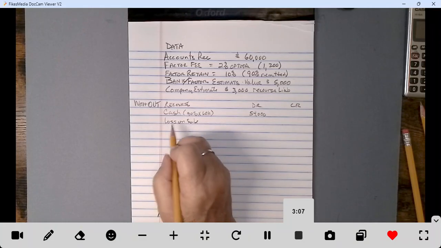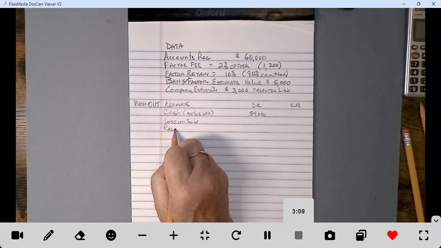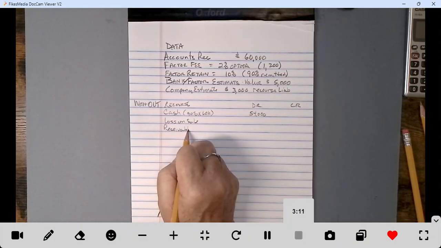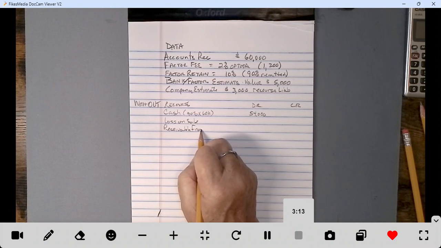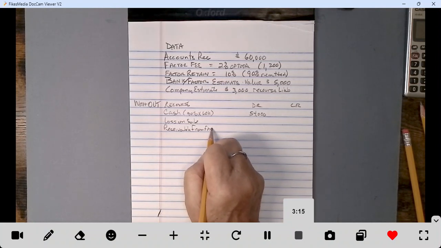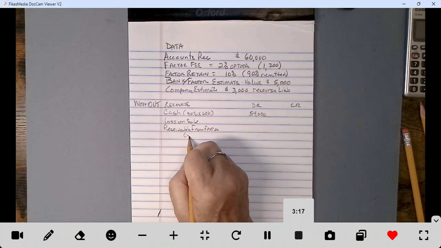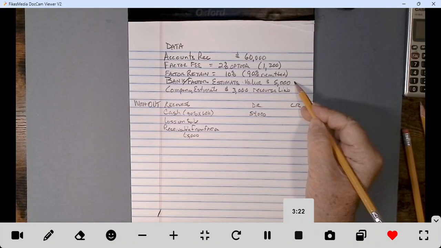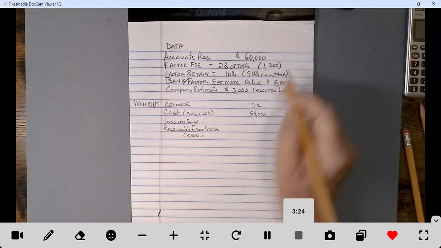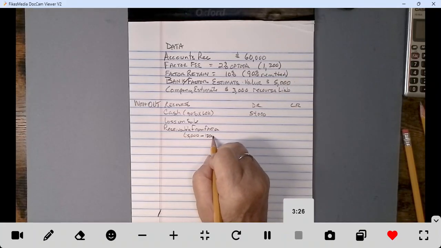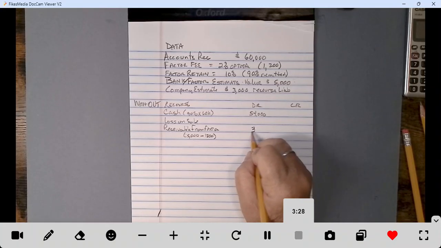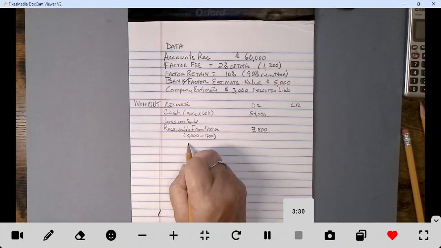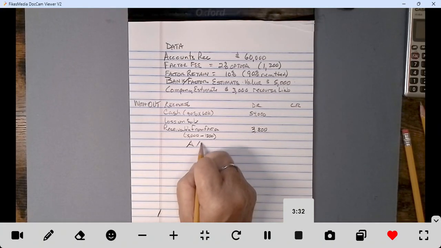Then I have receivable from factor. And that's going to be that 5,000, the bank factor estimate, minus his fee, 1,200. So that's going to be 3,800. And what am I going to credit? Accounts receivable.